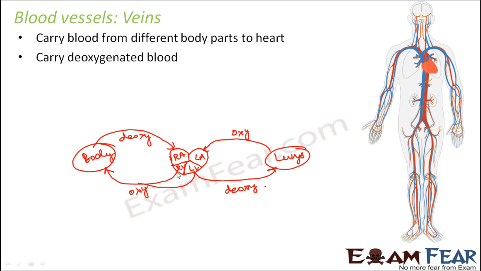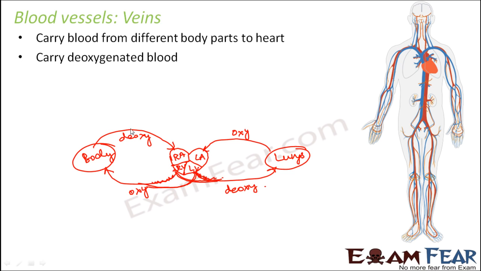Okay, I think I made it incorrect. From the right ventricle it used to go to the lungs, and from the left ventricle it used to go to the body. So now, in this case, what happens with the veins?